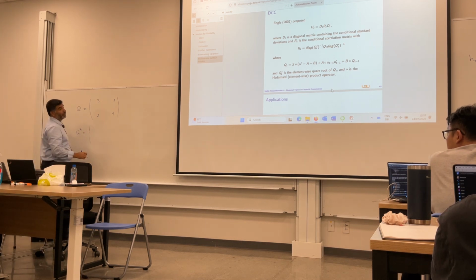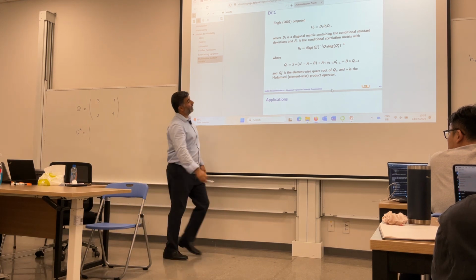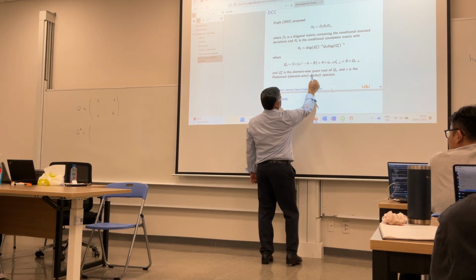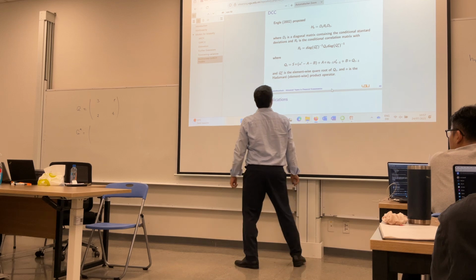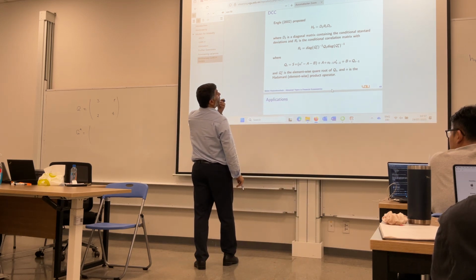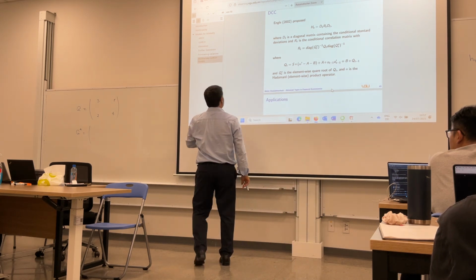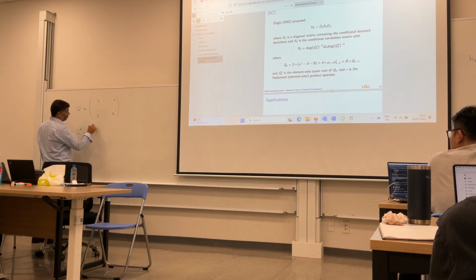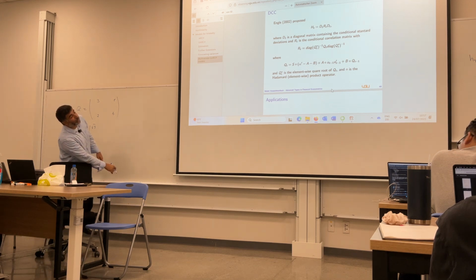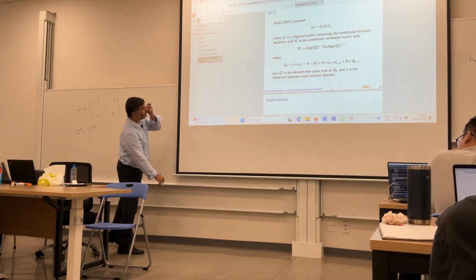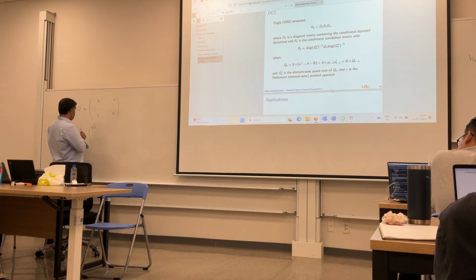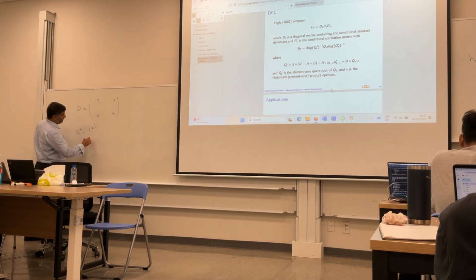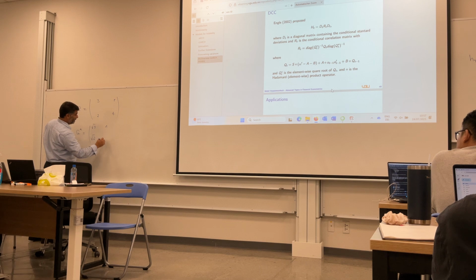Q star is the element-wise square root of Q_t. Here we have the square root of 3, square root of 2, square root of 1 is 1, and this is 2.